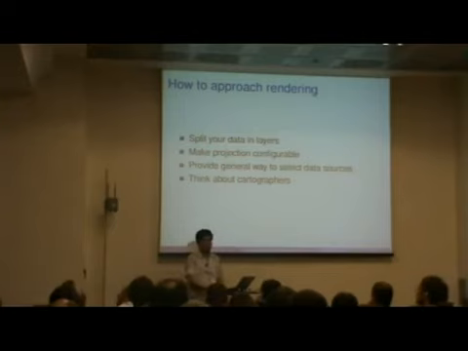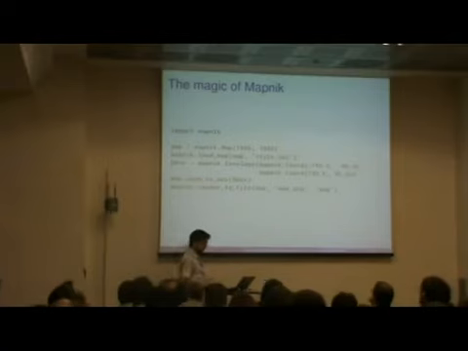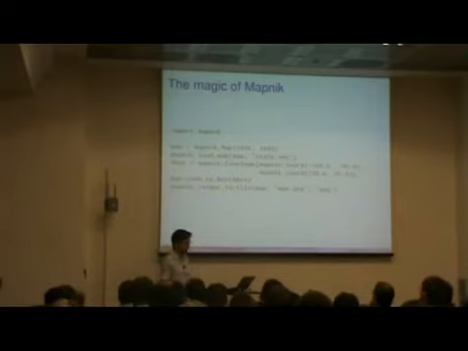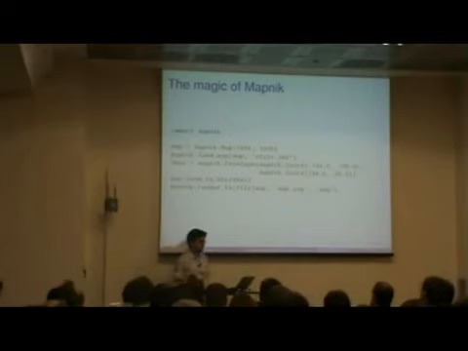And, well, don't forget about cartographers, because this is important, because what I'm going to show you next, after this slide, is what happens when people don't think about cartographers. So this is how Mapnik, the rendering library created specifically for OpenStreetMap, is used to render maps. It's pretty straightforward. We create a map object, which is like a definition of how we render the map.